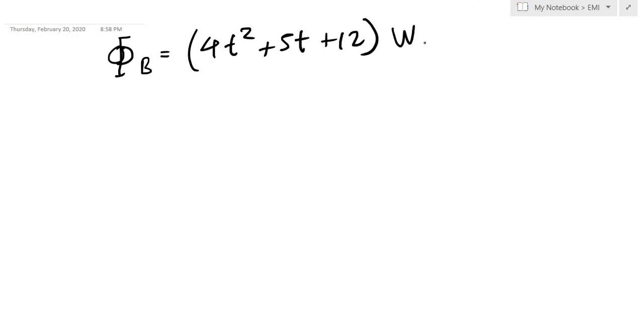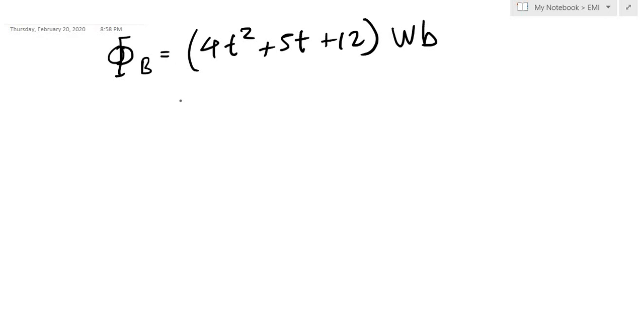Now we have a very interesting question. They already tell us the magnetic flux through a coil is given by this function 4t squared plus 5t plus 12, and look how conveniently it's a function of time.